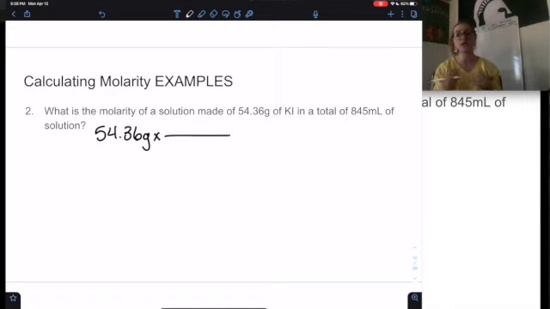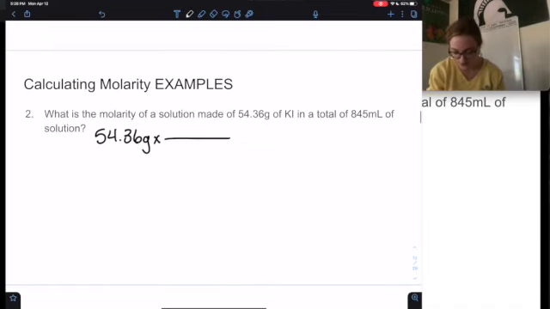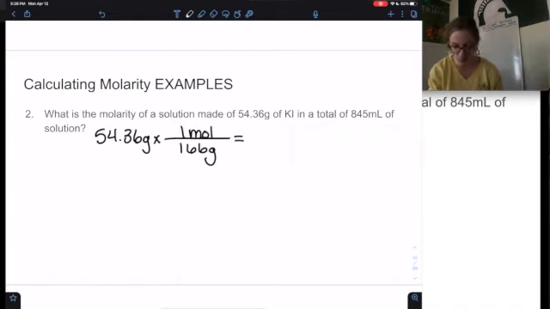So when I'm converting, I always have to make sure that I want my units on top to cancel with my units on bottom. So if my conversion factor is 166 grams for every 1 mole, that means here we have 166 grams on bottom for every 1 mole on top. Because I want moles, I want my grams to cancel, which checks out. I have grams on top, grams on bottom, cancels out.